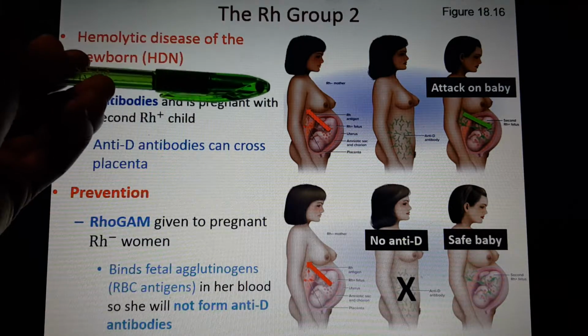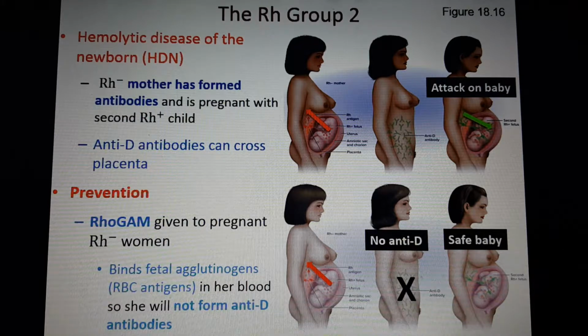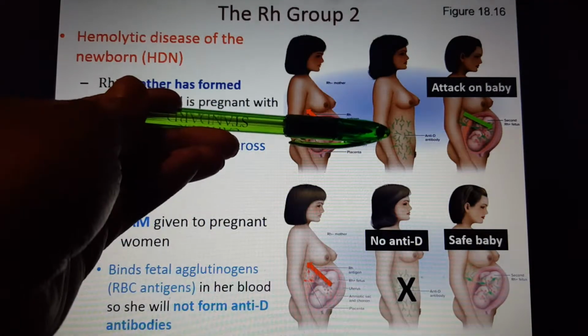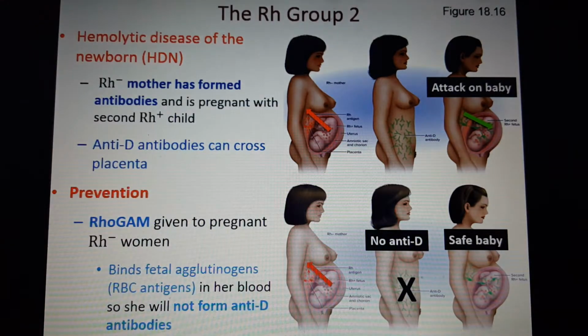So up here at the top, we have this Rh negative mother that's pregnant with an Rh positive fetus. After the baby is born, the mother then develops antibodies against the Rh agglutinogen. The problem happens when she gets pregnant again with an Rh positive fetus. Then the antibodies that were in her body will attack the fetus.